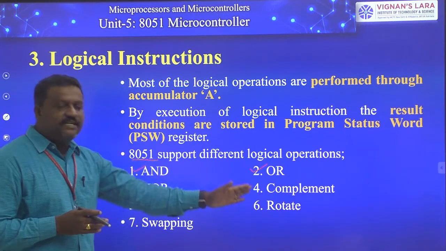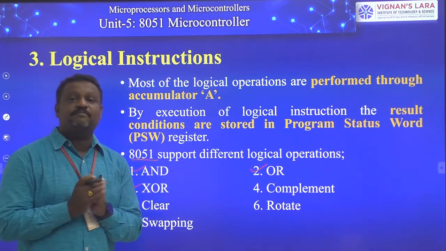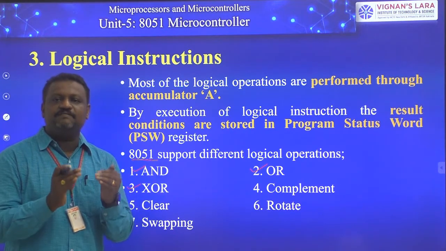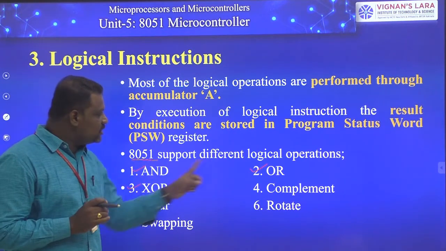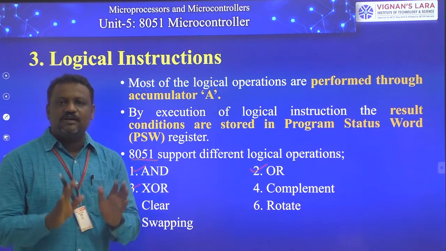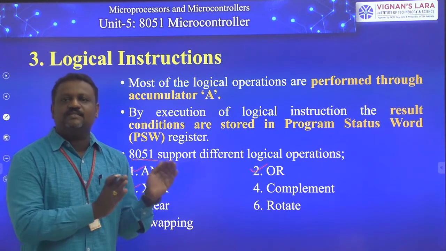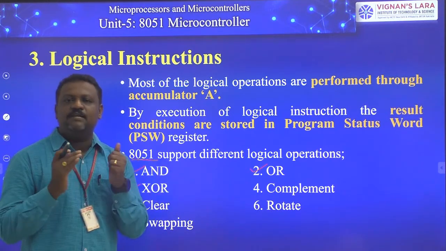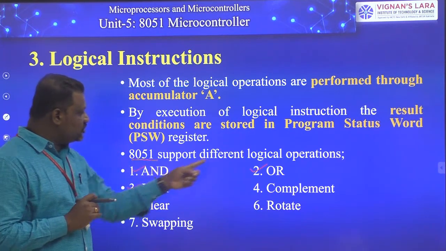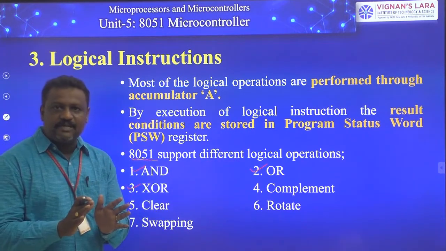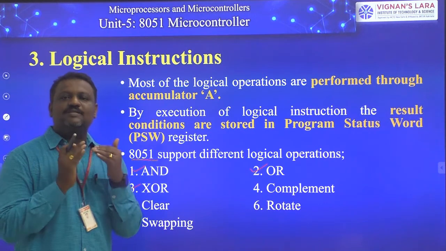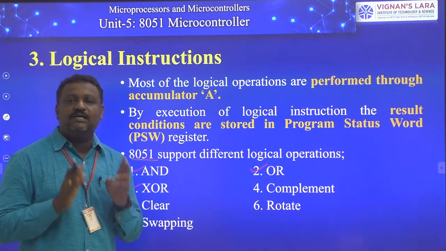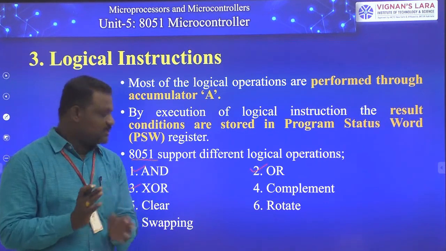These are the 7 different logical operations performed by our 8051 microcontroller. To do these 7 operations, we have instructions in the instruction set of the 8051 microcontroller. The first 3 I can call binary operations, meaning to do these operations we need at least 2 operands or 2 data.